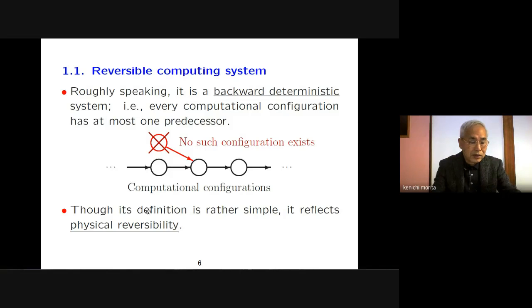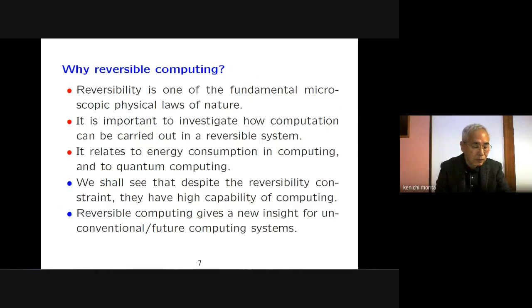Though its definition is rather simple, it reflects physical reversibility very well. There are several reasons for studying reversible computing, because reversibility is one of the fundamental microscopic physical laws of nature.